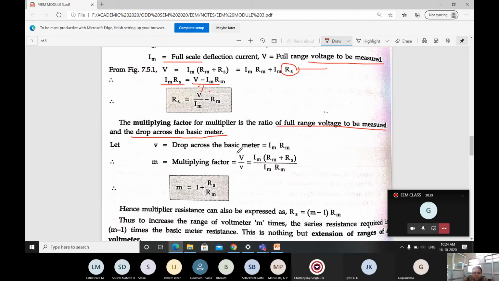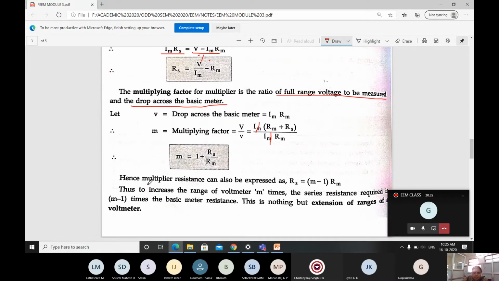Substitute for capital V from the earlier equation, Im times Rm plus Rs, divided by Im into Rm. Im cancels after substituting. Then you will be getting Rm divided by Rm, which is 1, plus Rs divided by Rm. Therefore, M is equal to 1 plus Rs divided by Rm.